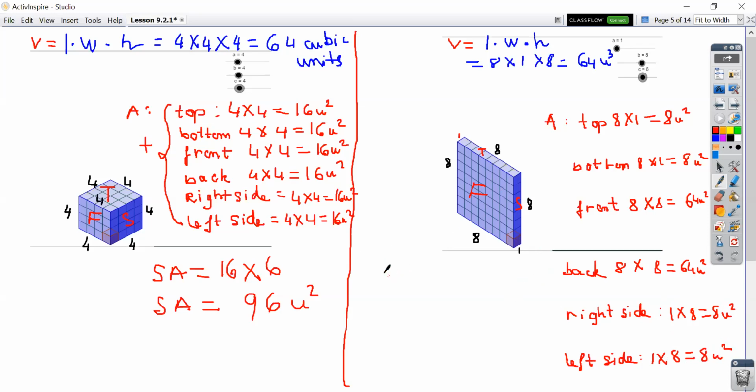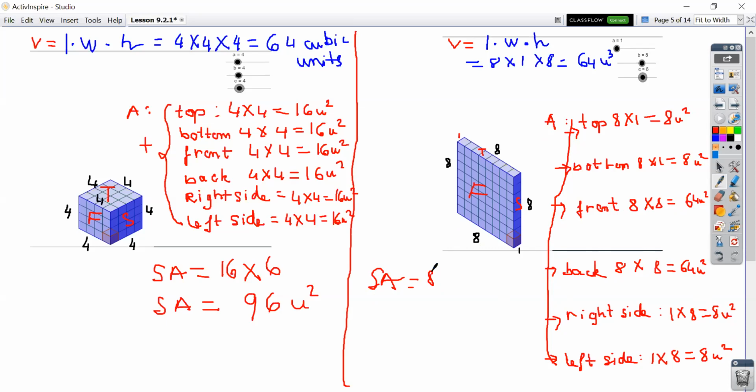The surface area, the total area, we add them all together: the top, the bottom, the front, the back, the right, and the left sides. So we add 8 plus 8 plus 64 plus 64 plus 8 plus 8.